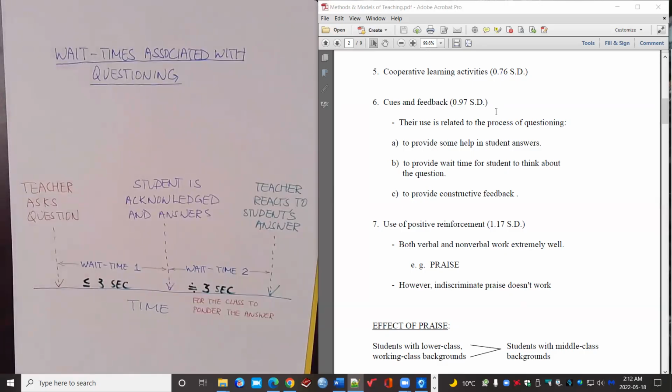No, you give them time to think about it. And after an answer is given by the student, you let the class ponder the answer for about 3 seconds before you provide feedback. So that is to accept and build on student ideas.